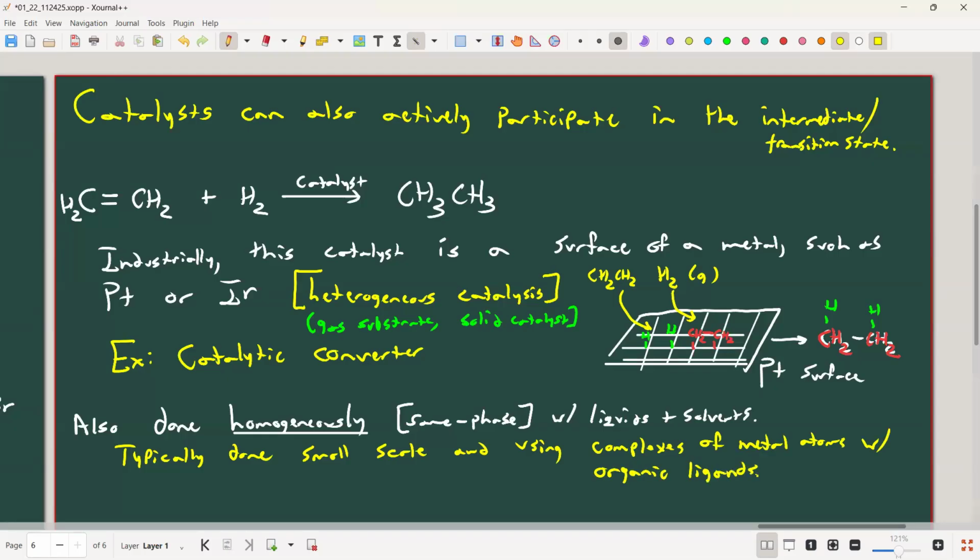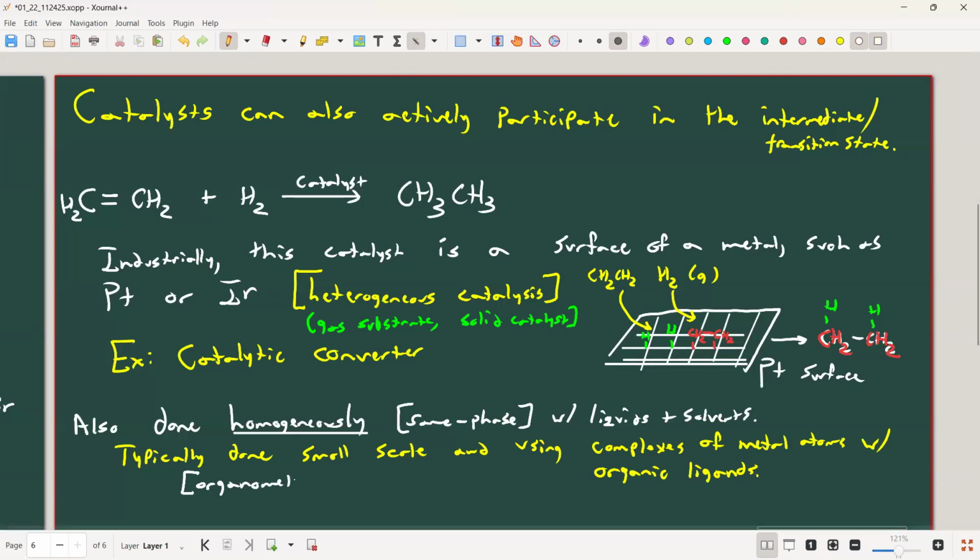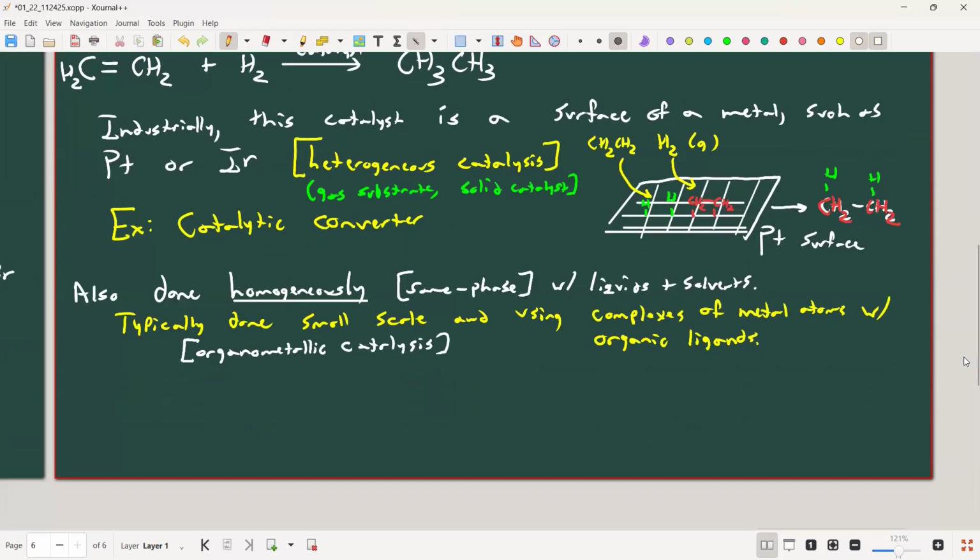These are called organometallic catalysts. And I used to be an organometallic chemist, and I have quite a bit of trauma associated.